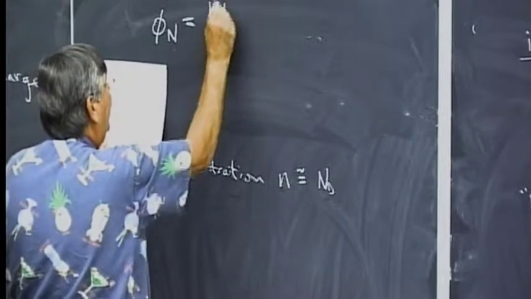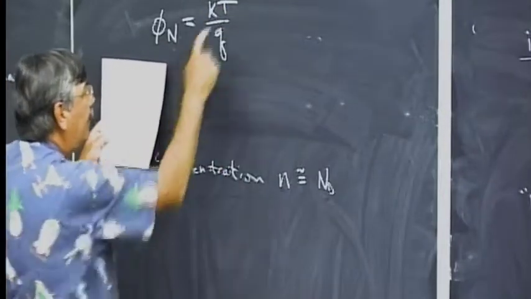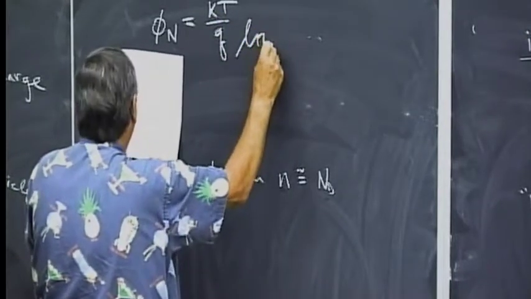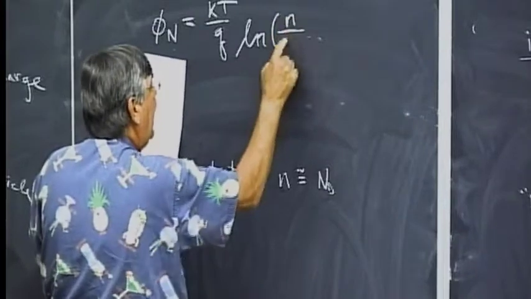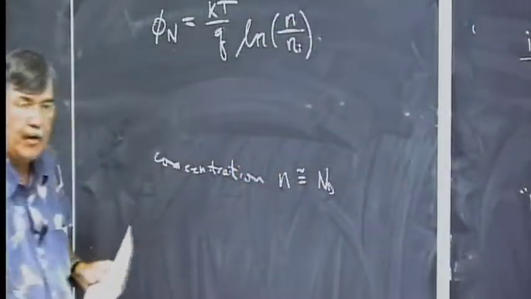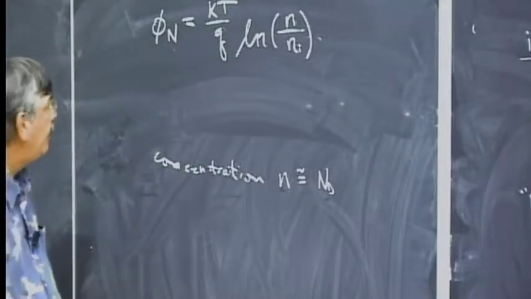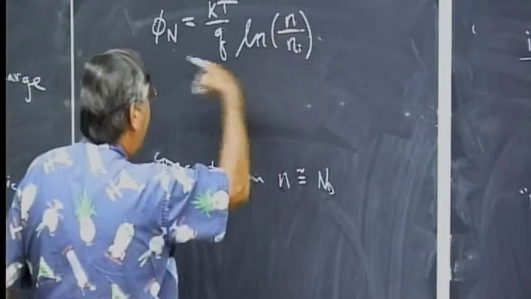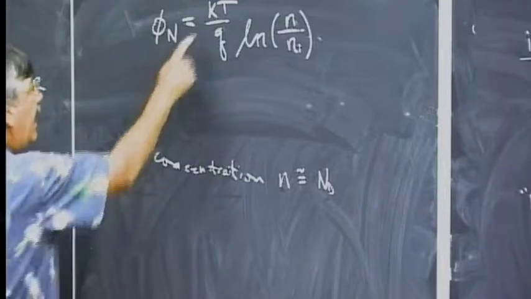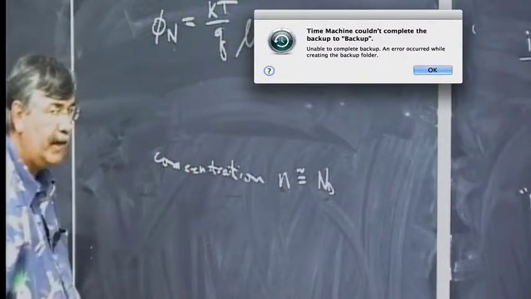It's defined as kT over q, we'll say that about 50 times every day, kT over q, times the natural log of the ratio of the actual electron concentration n to the intrinsic concentration n sub i, which is just a constant. Typically, in N-type material, n would be greater than the intrinsic concentration. k is Boltzmann's constant, T is absolute temperature, and q is the charge on an electron.